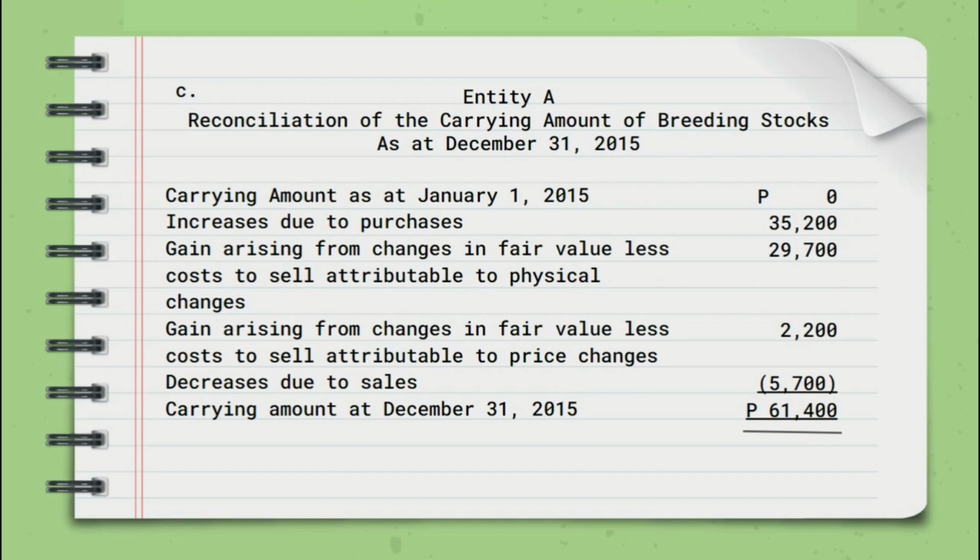For the reconciliation of the carrying amounts of breeding stocks as at December 31, 2015, since the biological assets were only acquired during the same year, the beginning carrying amount for the year 2015 is 0. And the increases due to purchases is 35,200 pesos, and gains arising from changes in fair value less cost to sell attributable to physical changes is 29,700 pesos, which is computed this way.